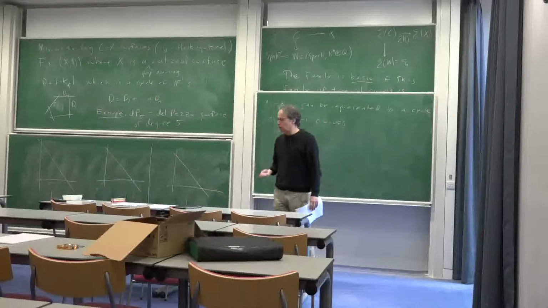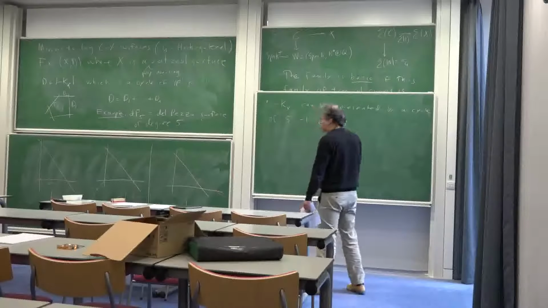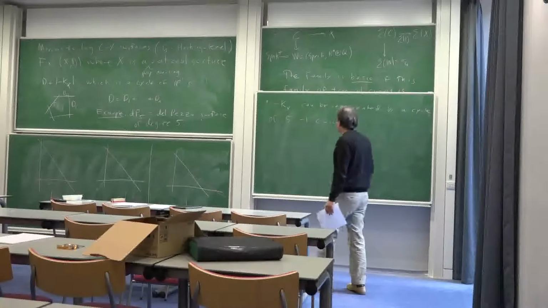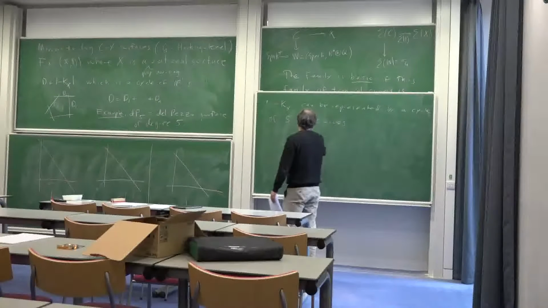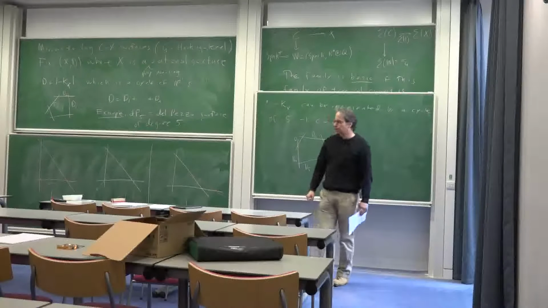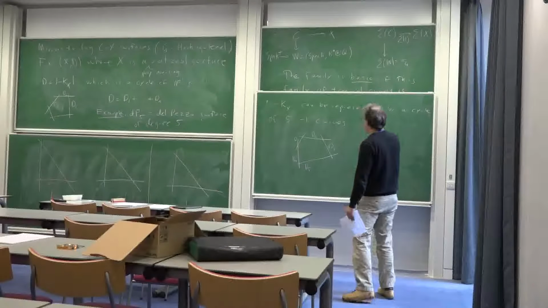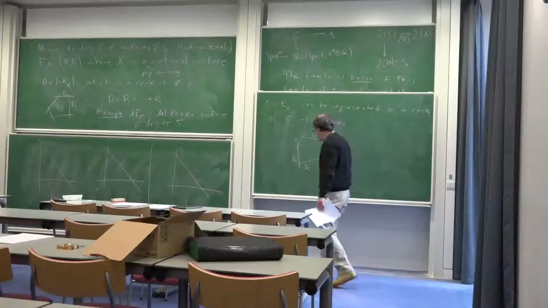A del Pezzo surface of degree 5, classical fact, has 10 minus 1 curves on it. And you can find 5 of them. There are a number of ways of doing it. They're really lines once you embed the del Pezzo surface in P5. You can find 5 of them that form a cycle.